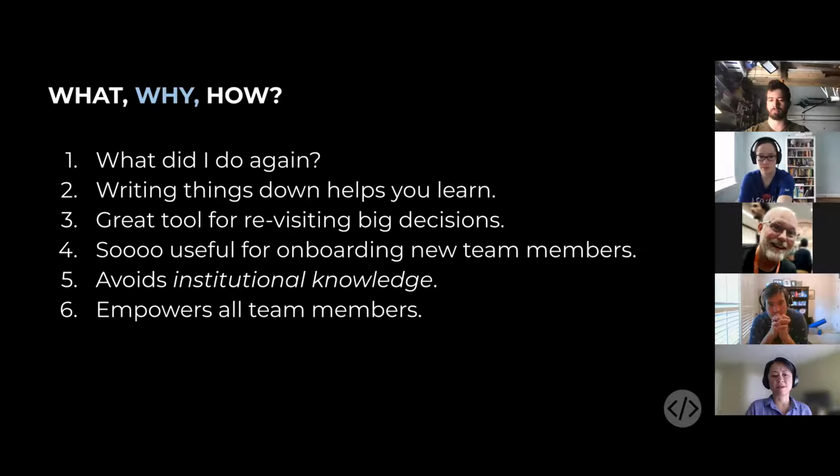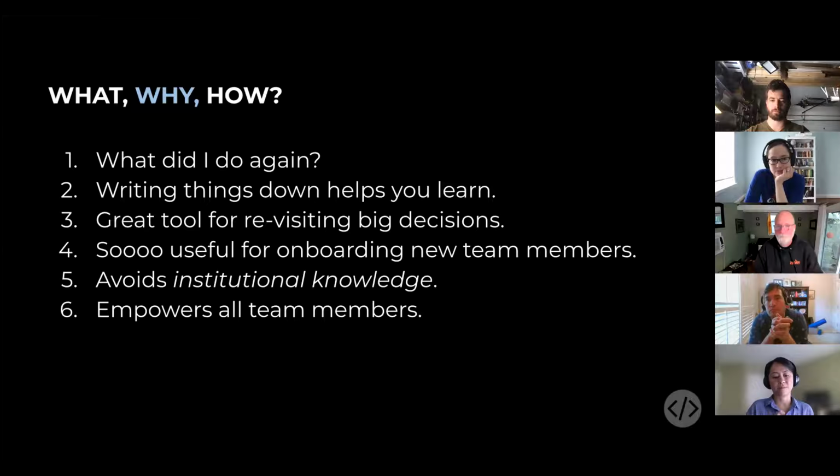It also avoids institutional knowledge. Let's say you have a team of 4 that's been working on this, and they have all this knowledge, and sometimes life happens and you don't know what can happen. Sometimes people can leave abruptly, or if anything bad happens and you lose a team member, they leave with that knowledge.